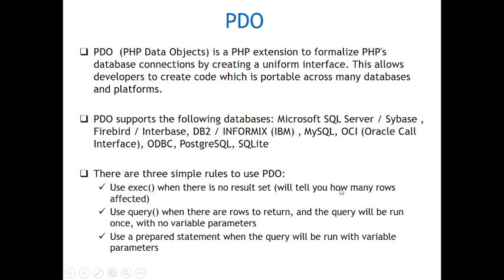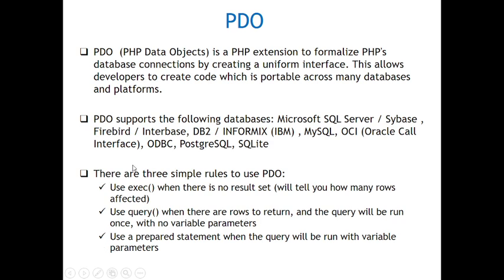If you are trying to update the table, it will tell you how many rows you updated. That count this will give you. And if you are selecting the data, this method will give you how many rows you got as output. It will return the rows.